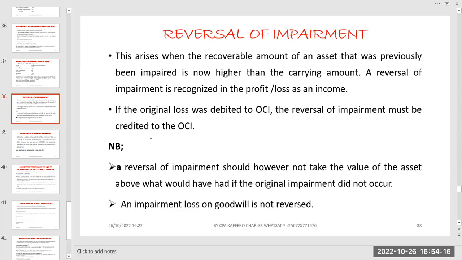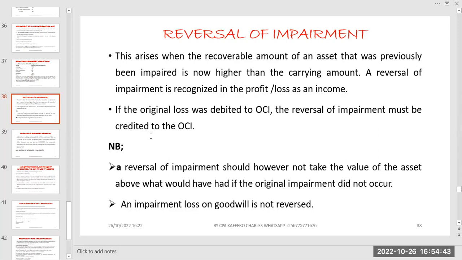We are going to look at a question and we'll be able to understand most of the things. But there is a note which says a reversal of impairment should not take the value of the asset above what it would have had if the original impairment did not occur.